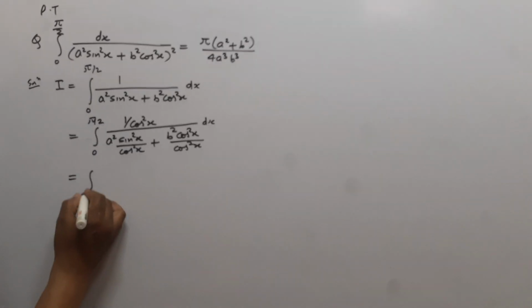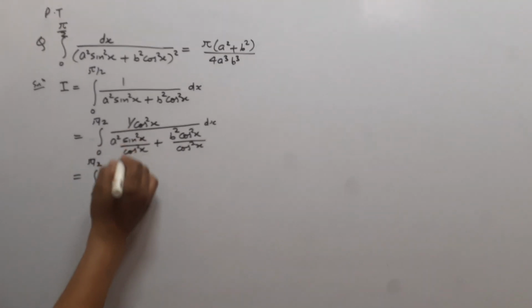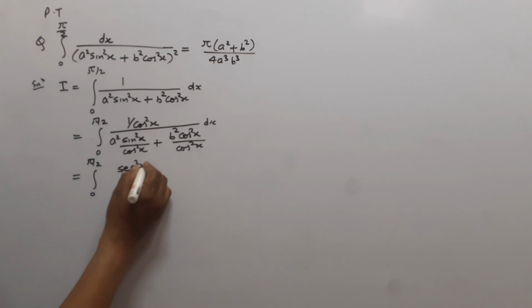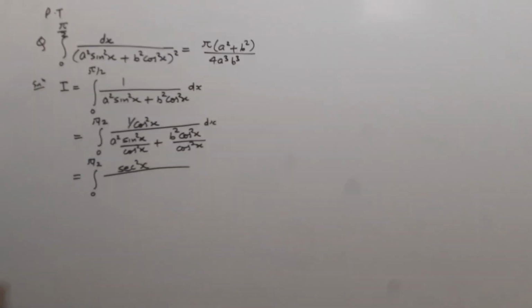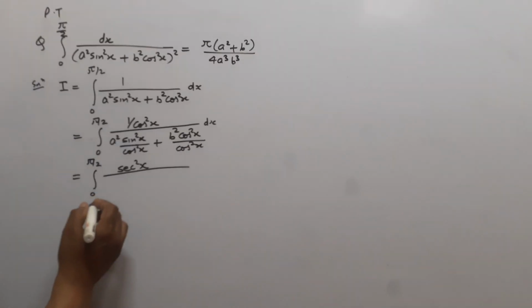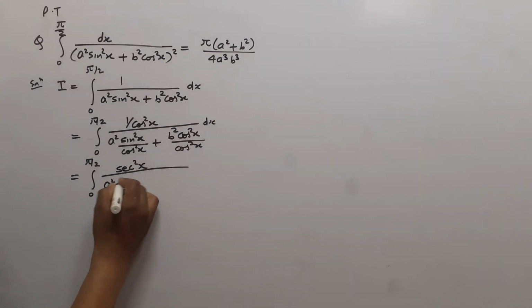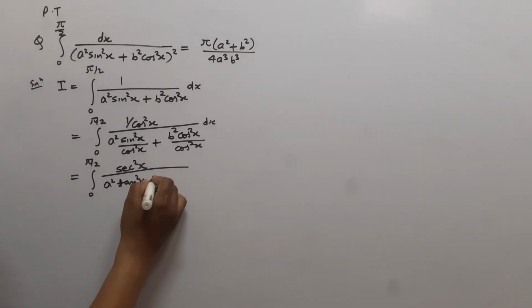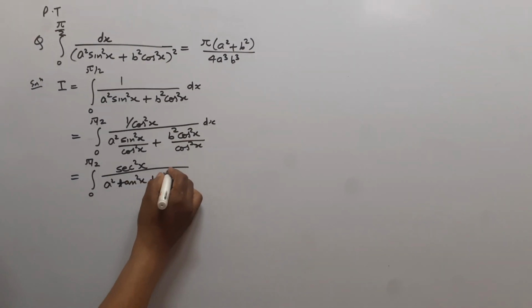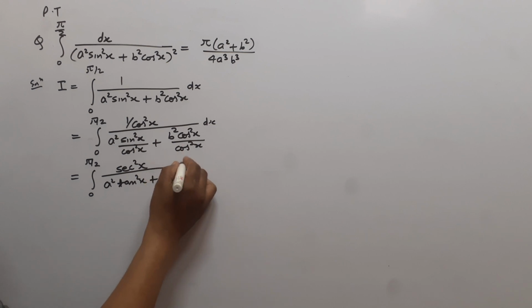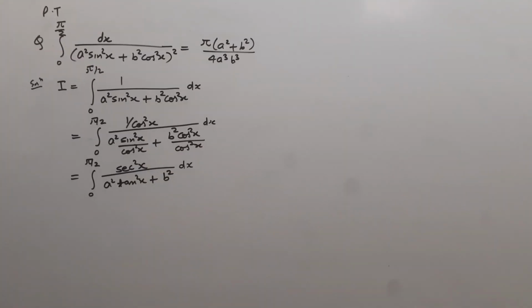So this 1 upon cos square x can be written as sec square x, and this sin square x upon cos square x can be written as tan square x, and this cos square x cancels with this cos square x, so this is b square.